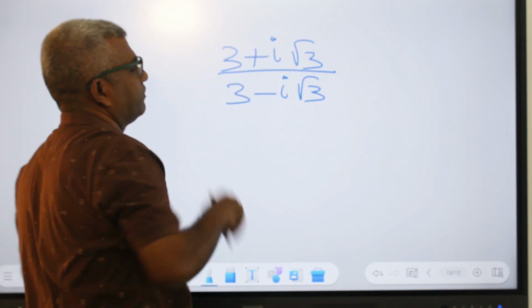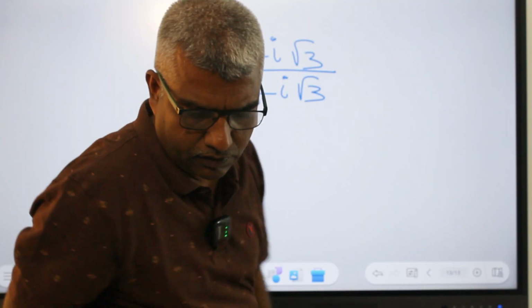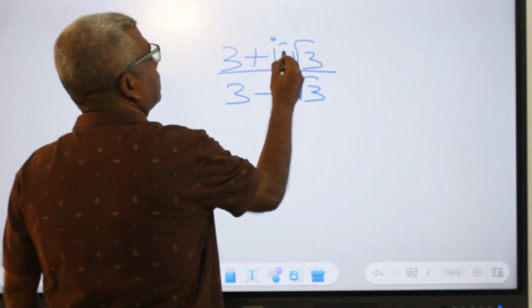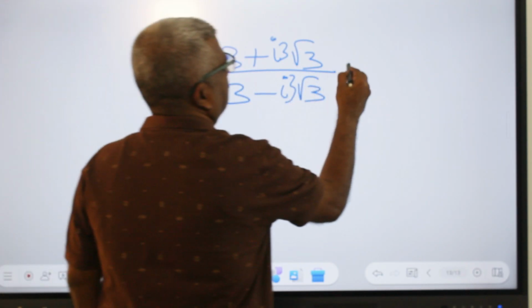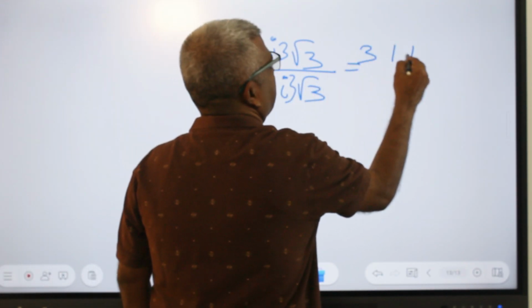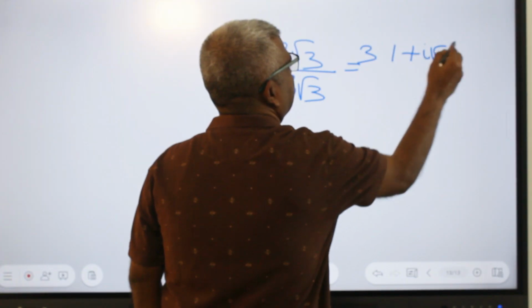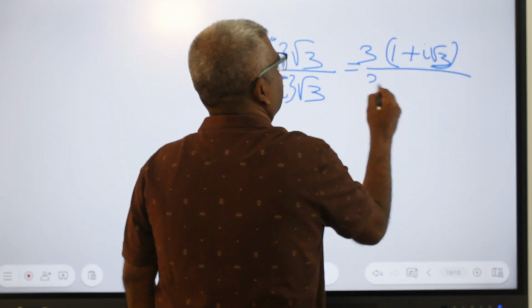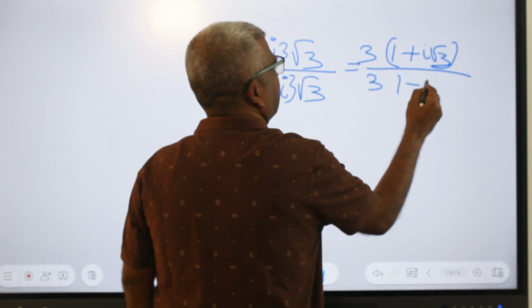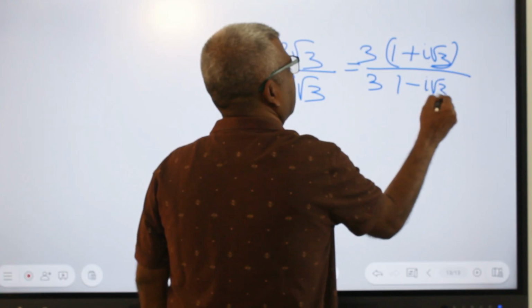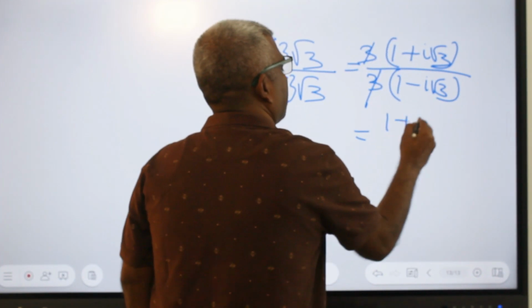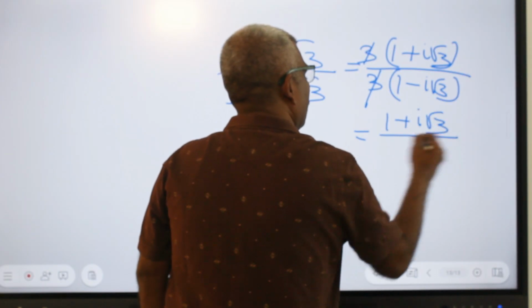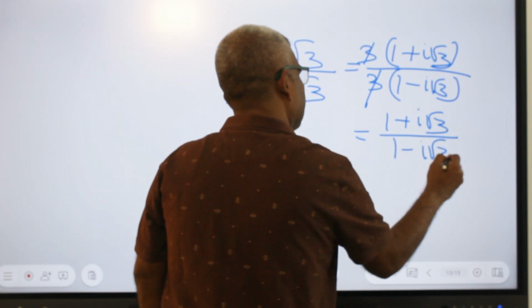Take 3 out: 3 plus i 3 root 3 over 3 minus i 3 root 3. Taking 3 out, we get 3 times (1 plus i root 3) over 3 times (1 minus i root 3). The 3 cancels, leaving 1 plus i root 3 over 1 minus i root 3.